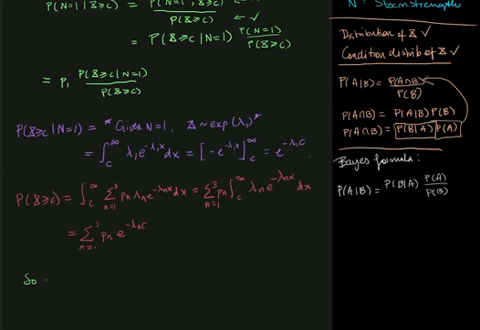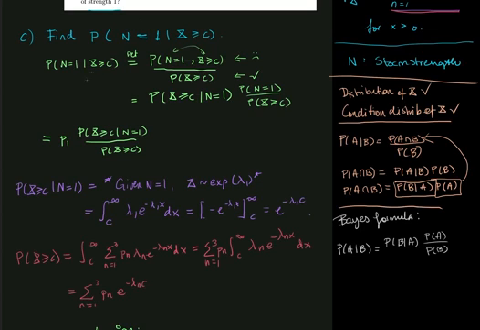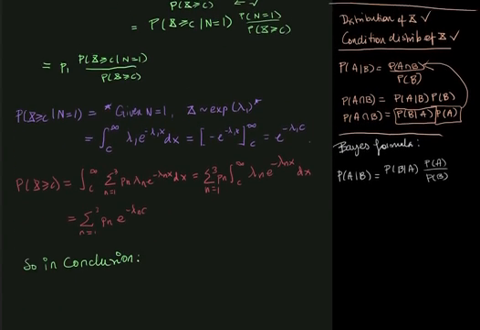So in conclusion, what was it we wanted to calculate? We wanted to find the probability of the storm strength being equal to 1, given that the loss is greater than or equal to c.